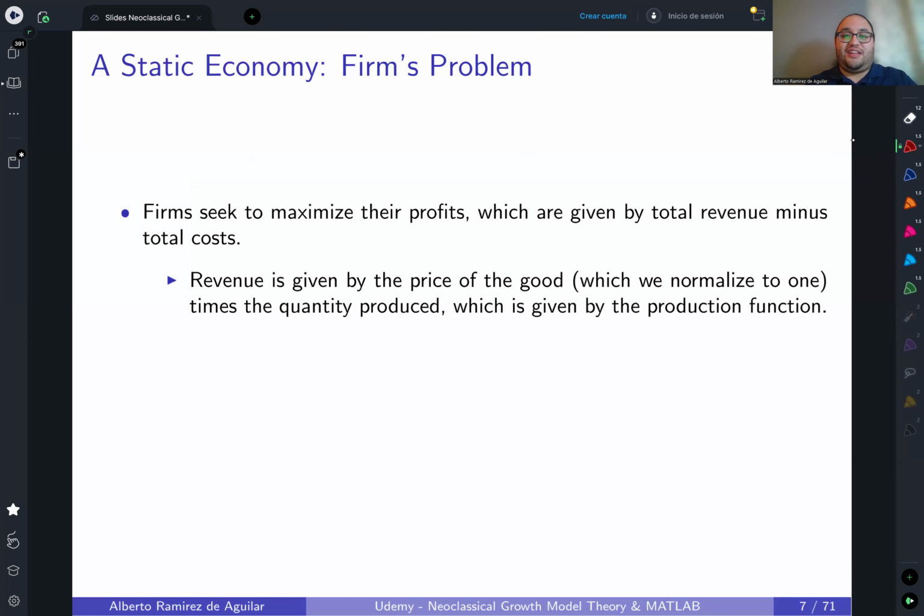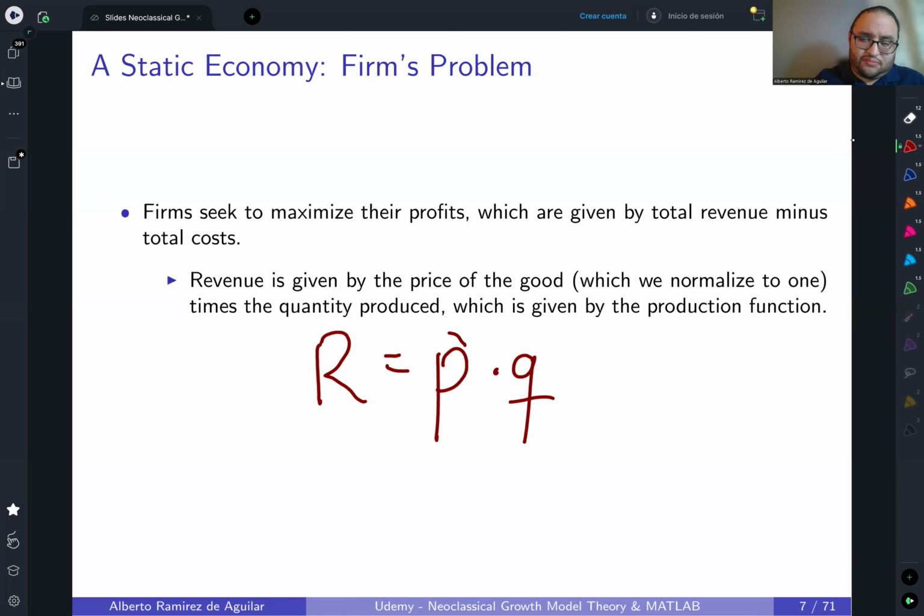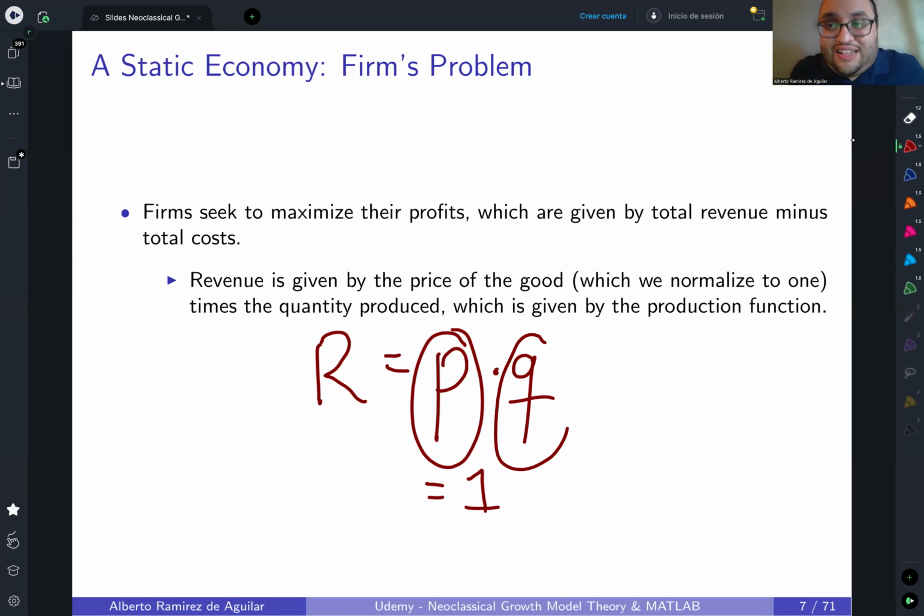So revenue usually is the price of each unit that you're selling multiplied by the quantity that you're selling. In this model, because it is simple enough, we can forget about this price. We can normalize it to 1, and we won't lose any of the analysis, so we're going to do that just for simplicity. And the quantity, how much the firm is selling, that's going to be equal to how much they're producing, and that's going to be given by the production function.